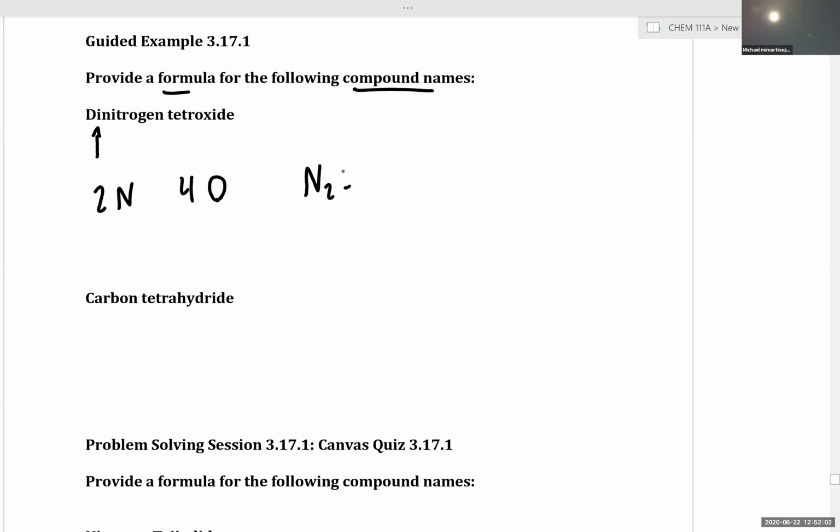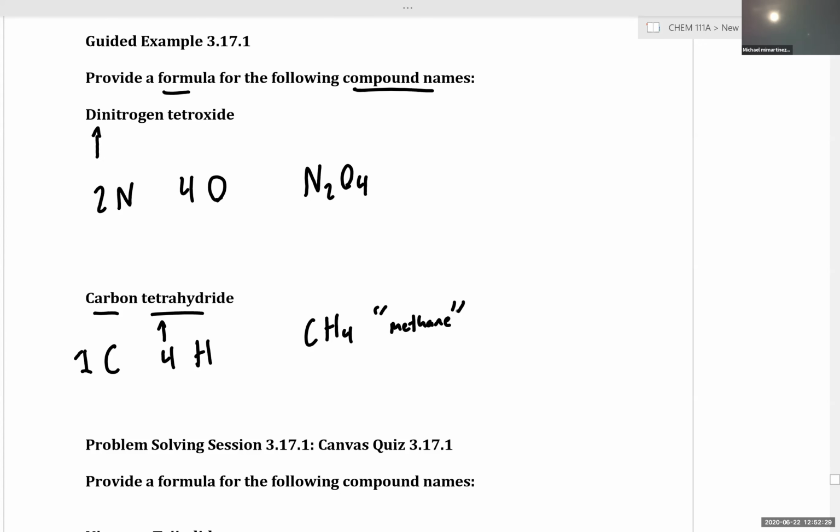So then we write this as N2O4. Carbon tetrahydride, carbon is carbon, no prefix, so that tells us we have 1 carbon. Tetra is 4, hydride is hydrogen, so we'd write this as CH4, also known as methane. Both names are valid.